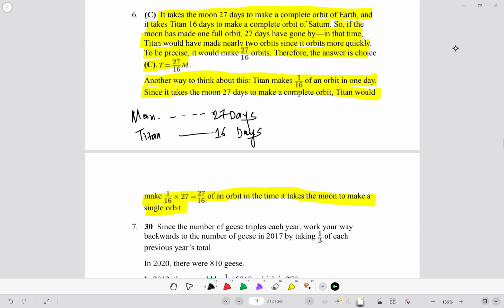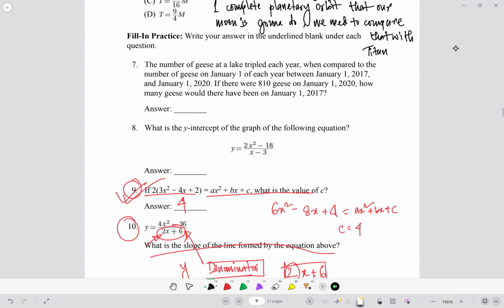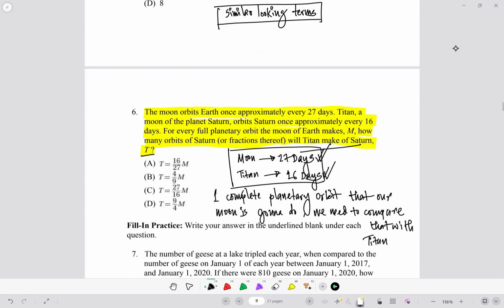So 27 by 16 is our desired answer, because it covers approximately two orbits. You can just guess the answer by looking at the options: 27 by 16.